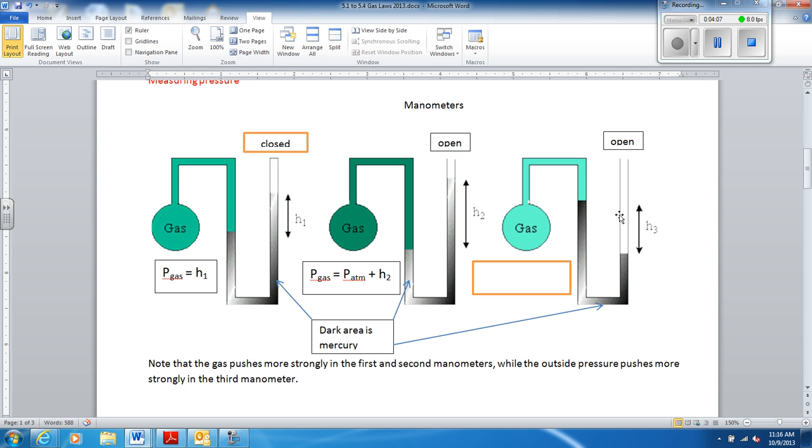And then here, who's pushing harder, the atmosphere or the gas? Hopefully you said the atmosphere is pushing harder, because you can see the mercury is lower on the atmospheric side versus the gas. So this atmospheric pressure pushes more than the gas. So the gas pressure would be the atmospheric pressure minus this height.